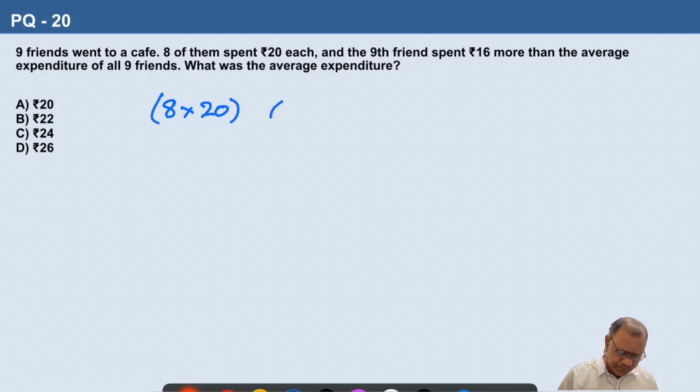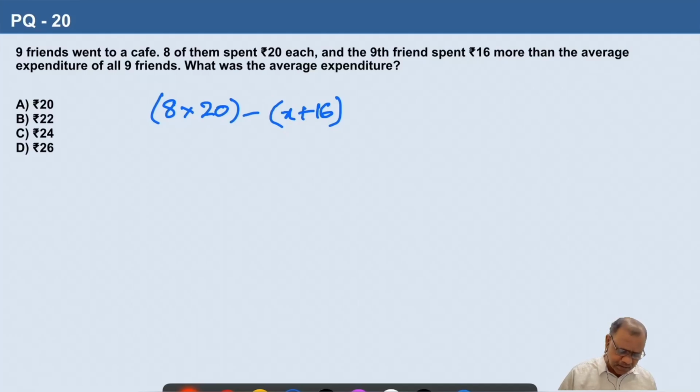So, the ninth friend spent 16 more than the average expenditure of all the 9 friends. So, that is x plus 16. This is the total of all the 8 friends, and this is the expenditure of the 9th friend.